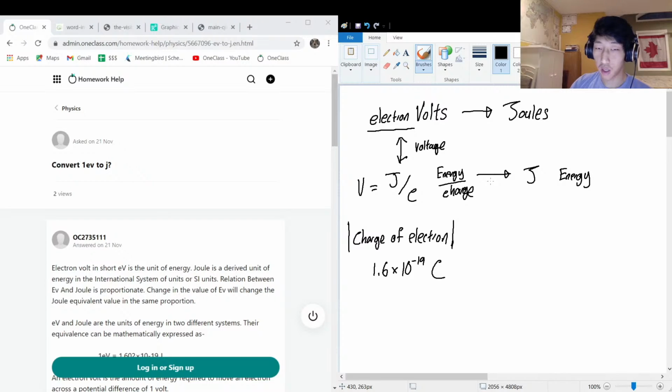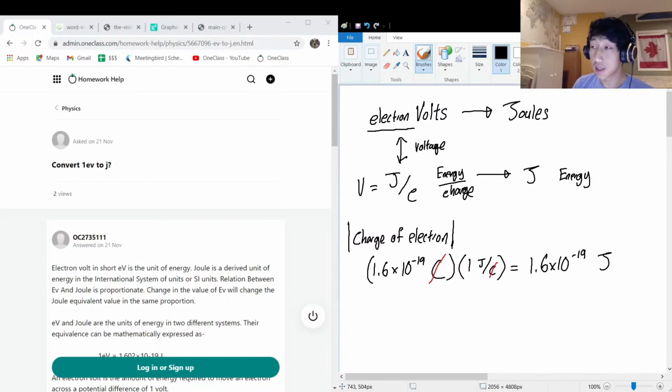Okay, so if we multiply this by 1 joule per coulomb, you see how the coulomb on the bottom neutralizes the coulomb up there on the units. Okay, so the only unit left here would be joules. So we know that 1 electron volt is 1.6 times 10 to the negative 19 joules.